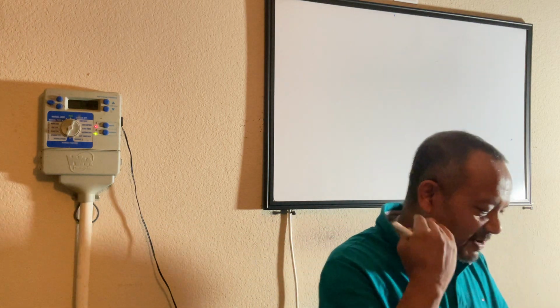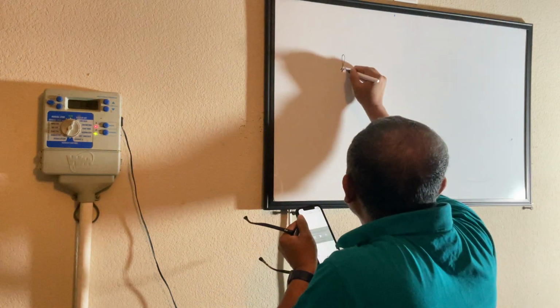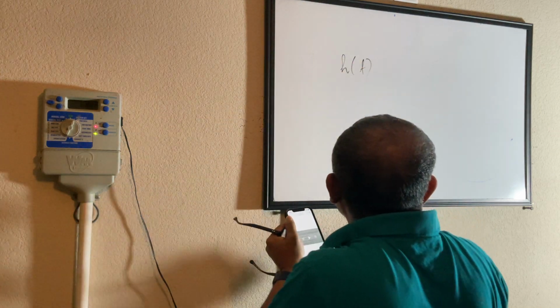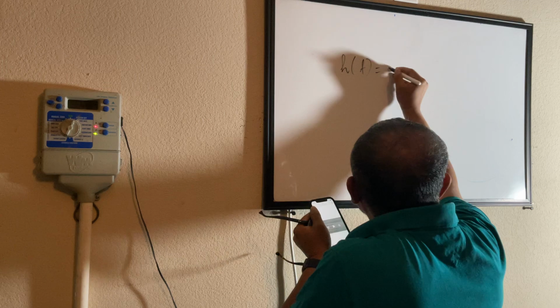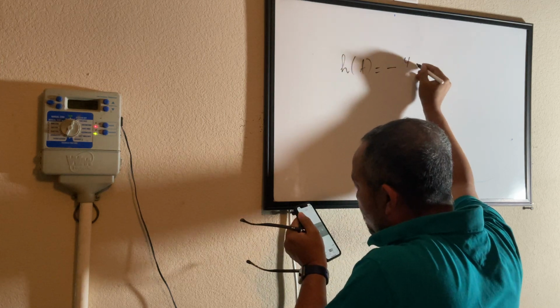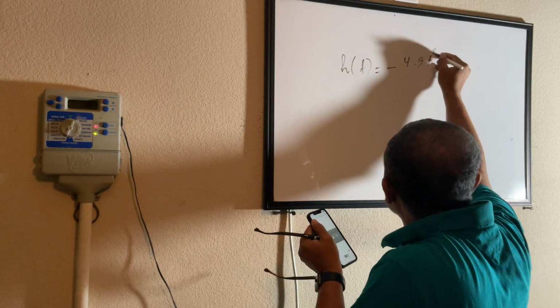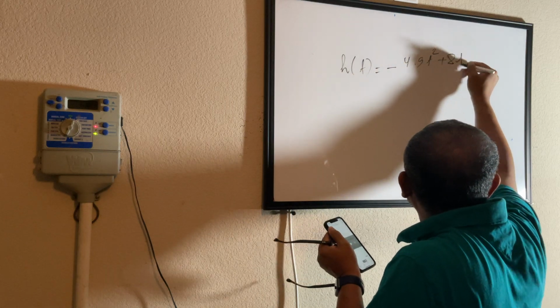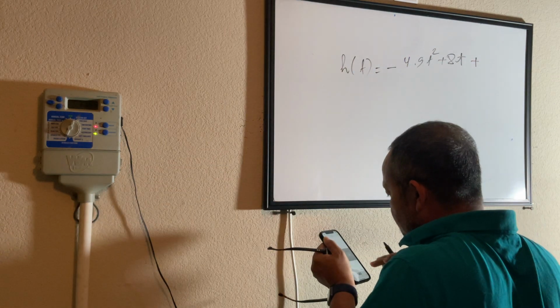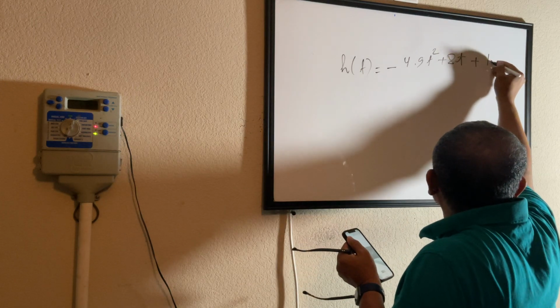Let me read it. As you know, when I have to read something with full concentration, I take my glasses out. So here's the question. It has given a function h of t, which equals minus 4.9 t squared plus 8t plus 1.2.